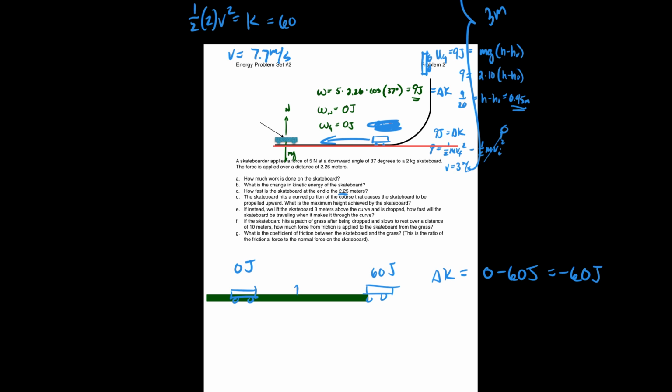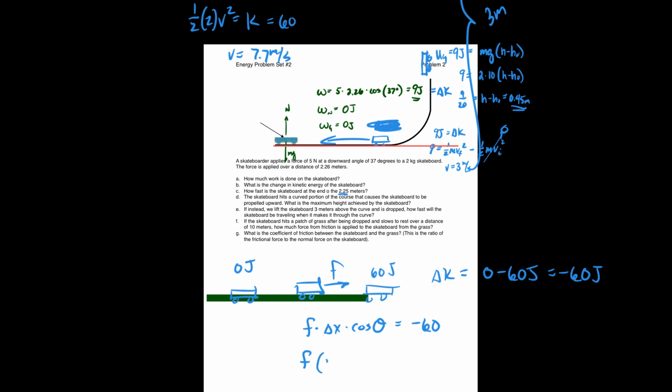That was work done by friction, because friction is acting this way on the car. So, friction times displacement times the cosine of the angle has to equal negative 60. We all good? Got 10 more seconds.